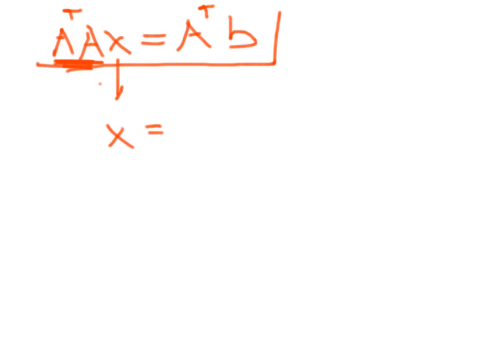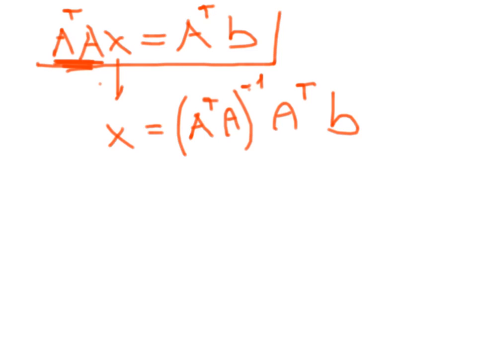And how can you do that? Well, just multiply by the inverse of that part. So you can write that X is equal to (A^T A)^-1 A^T B.